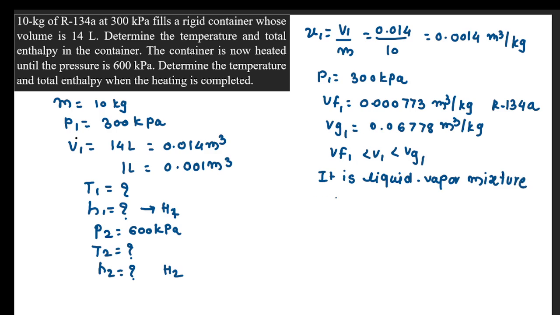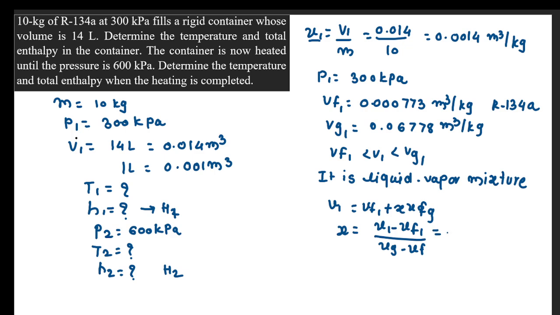In order to find the dryness fraction, we can use the formula V1 equals Vf1 plus x Vfg. We need to find x, so it will be V1 minus Vf1 divided by Vg minus Vf.